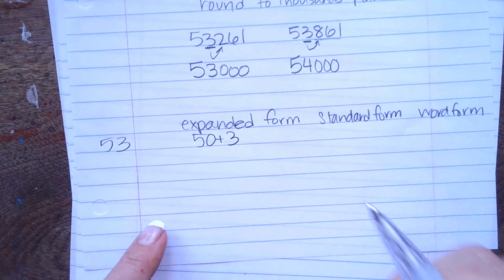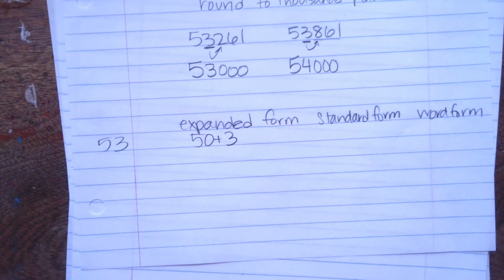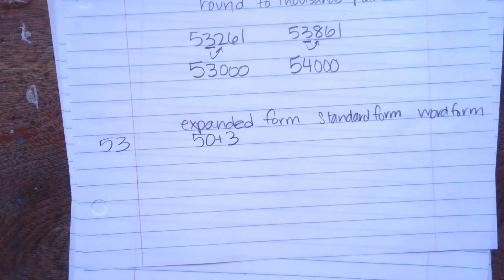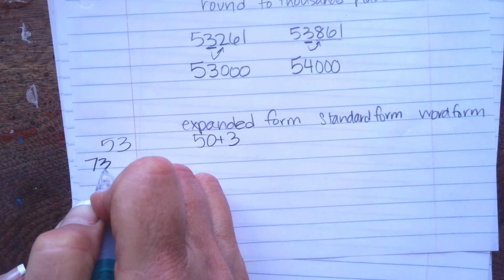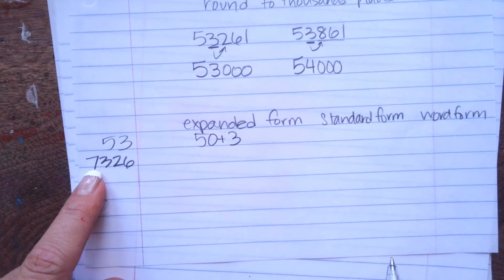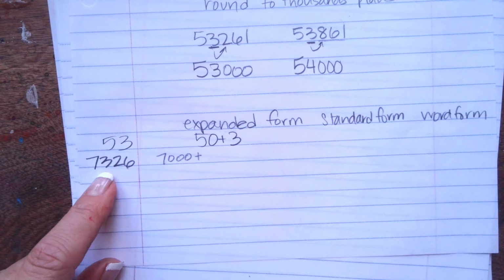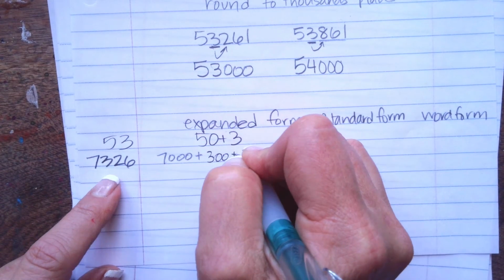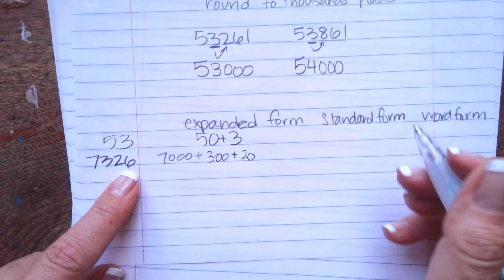We're expanding it out to what it means instead of just the numbers. So if you had 7,326, we would say, what does the 7 stand for? That stands for 7,000. What does the 3 stand for? 300. What does the 2 stand for? 20. And what does the 6 stand for?